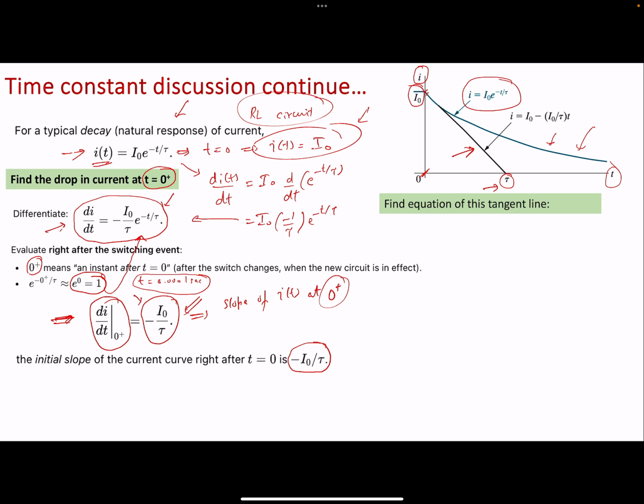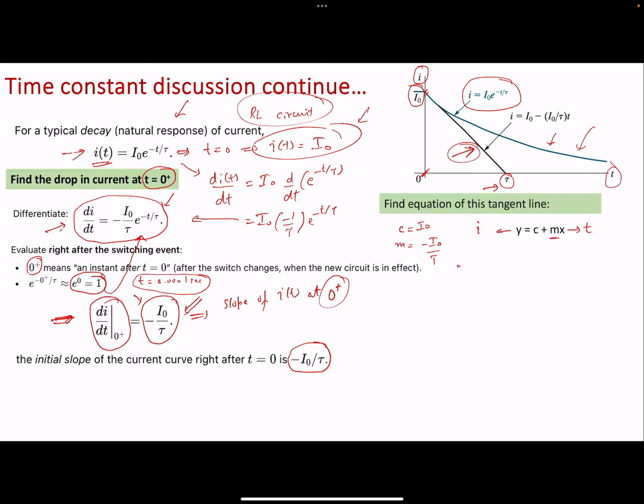So can we find the equation for this straight line, this black line over here? This is a linear curve, and we can represent it by y equals mx plus c. In this equation, our y is I, our x is t, and c is the intercept. Our intercept c is I naught, and our slope m is minus I naught over tau.